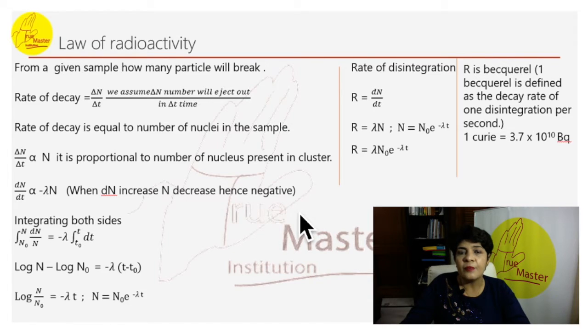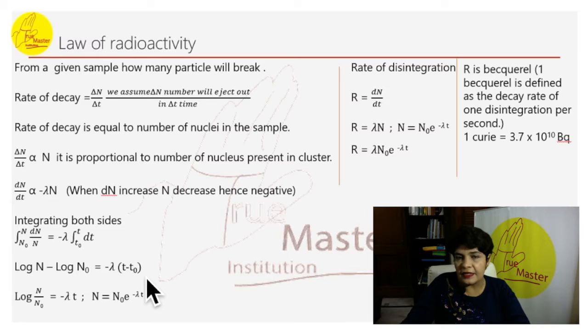Integrating both sides, our limits are N naught to N, and for time from the start, 0 to T. So it becomes log N minus log N naught equals minus lambda, times the limits T minus T naught.